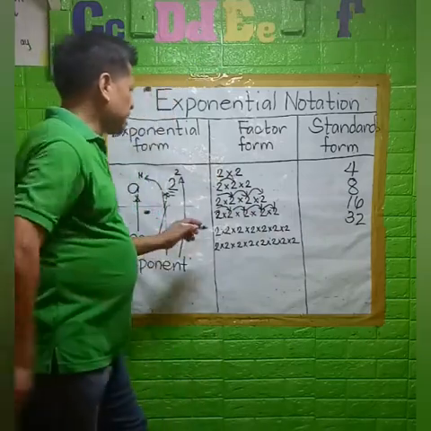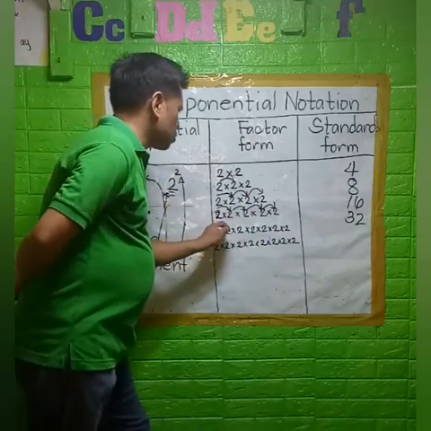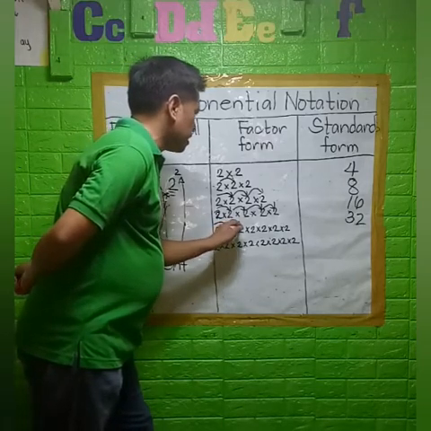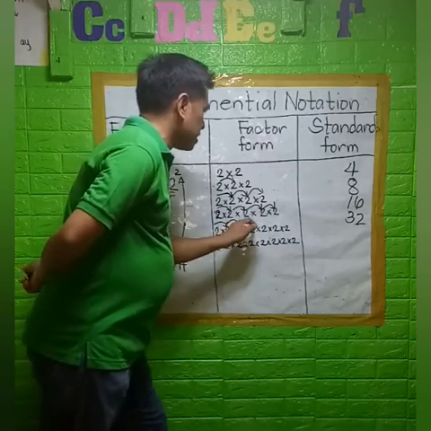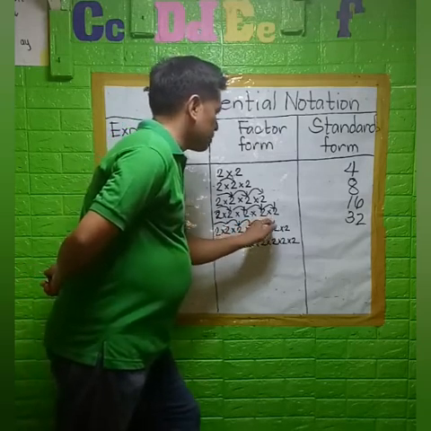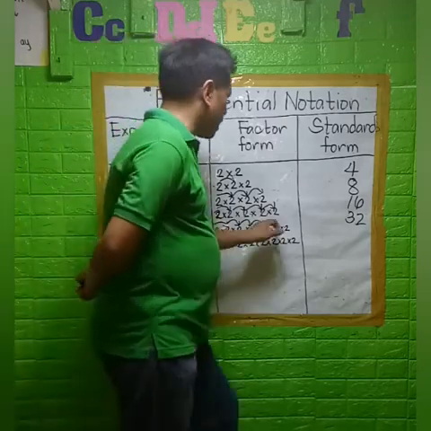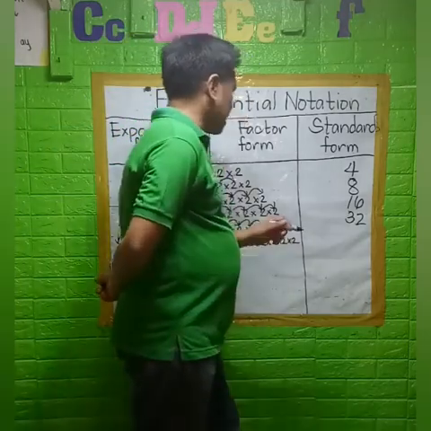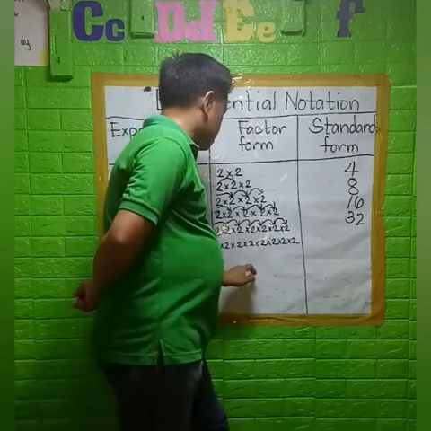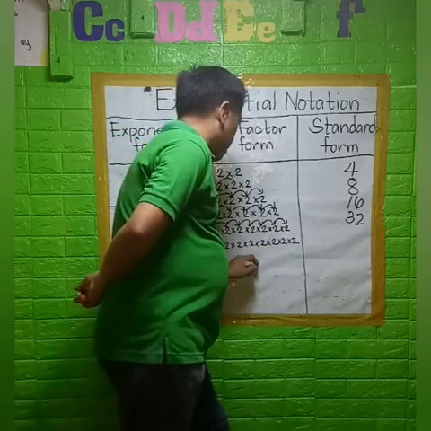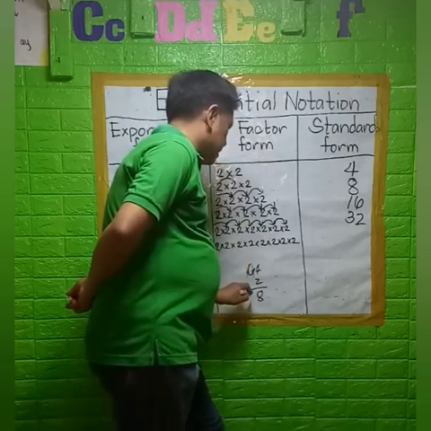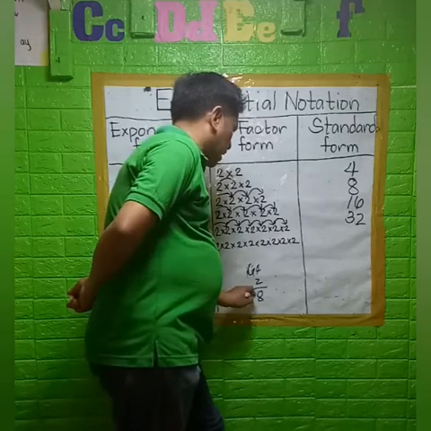Now, another example we have here, 2 times 2, that is 4. 4 times 2, that is 8. 8 times 2, that is 16. 16 times 2, that is 32. 32 times 2, that is 64. Then 64 times 2, that is 128.